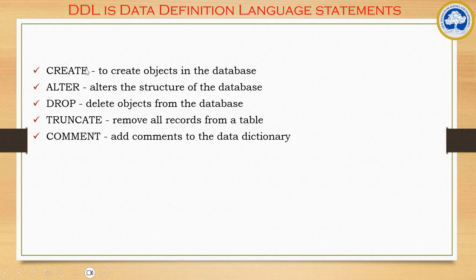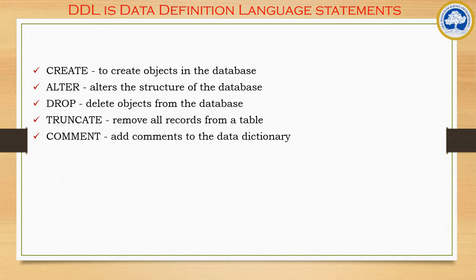These are the functionalities: create, alter, drop, truncate, and comment. Create, we know very well, is the creation of the table. A new table is going to be created under the database, so we will use create table. Alter table is the alteration of the structure of the table.